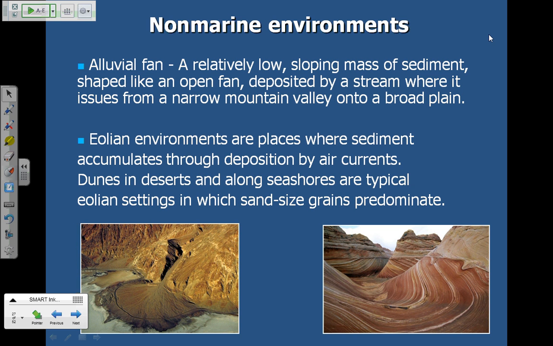This occurs in the desert. Okay, commonly Aeolian environments are desert environments, but we can also find this on seashores. The dunes that run along the edge of a coastline are often affected by our wind.